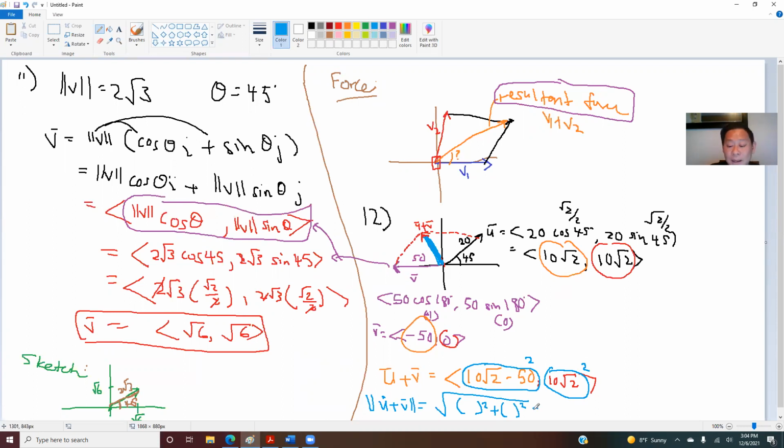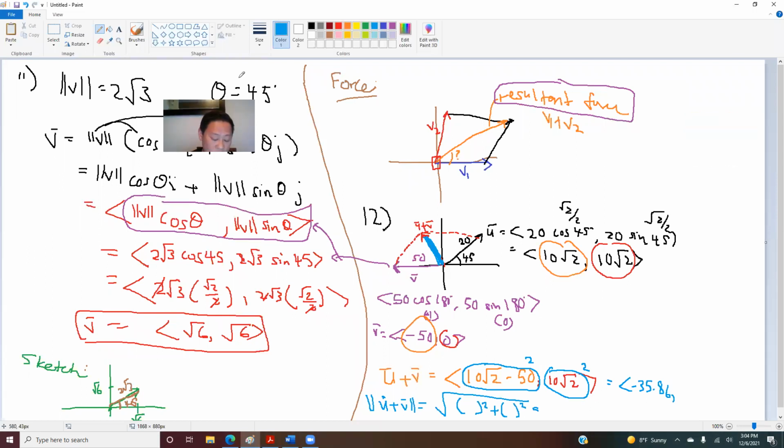For this kind of question, usually I would change this into decimals. So 10√2 minus 50 will become negative 35.86, something like that. And 10 times √2 is 14.14.